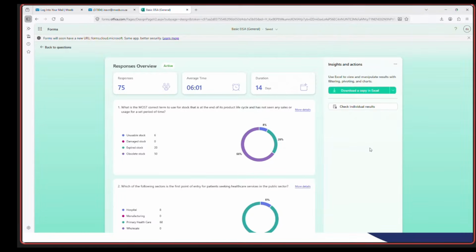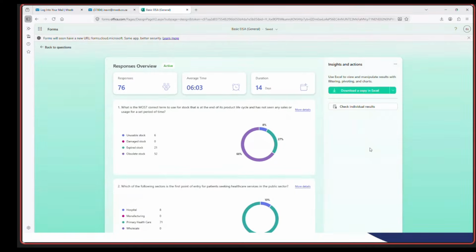If you look at our level of cognition, this is on the level of a knowledge question. The answer there is the definition for obsolete stock. That is the only correct answer, and 52 from the 76 responses answered that one correctly.